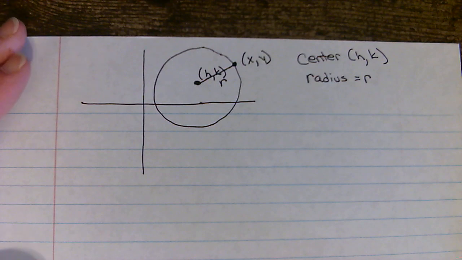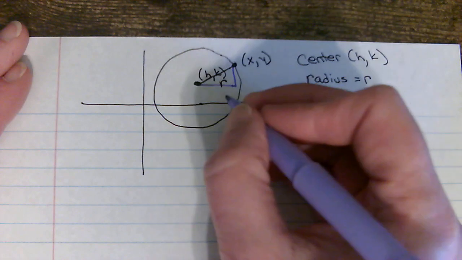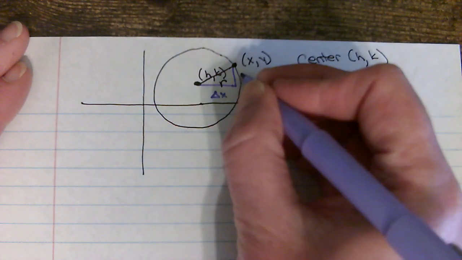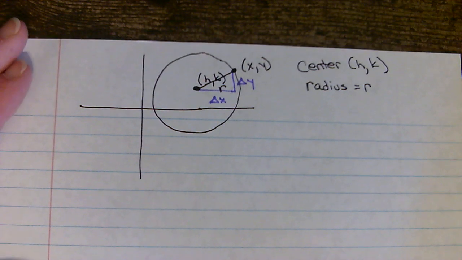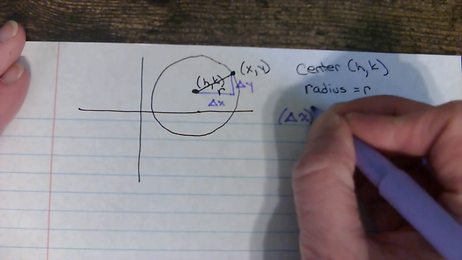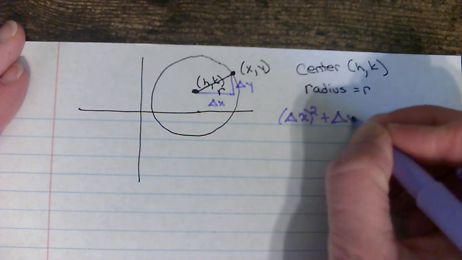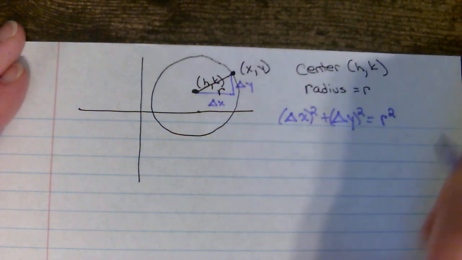Finding that distance r, I could turn this into a right triangle: change in x, change in y. We're basically using our distance formula, our Pythagorean theorem again. So change in x squared plus change in y squared equals r squared.